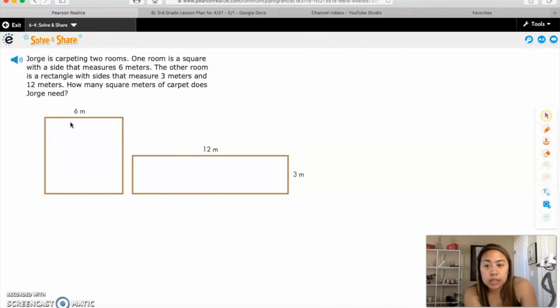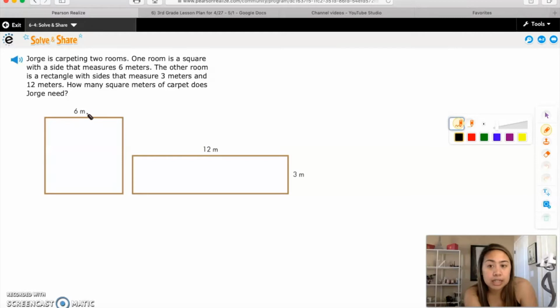So what you'll notice is for these problems, they don't have individual squares like we did earlier. All they gave us was the length of the sides. So for a square, in order for a square to be perfect, the length and the width of the square are all the same. For example, the width of this square is 6.